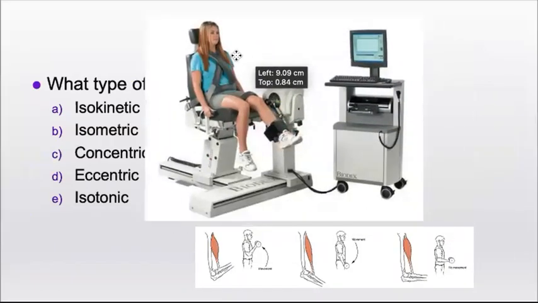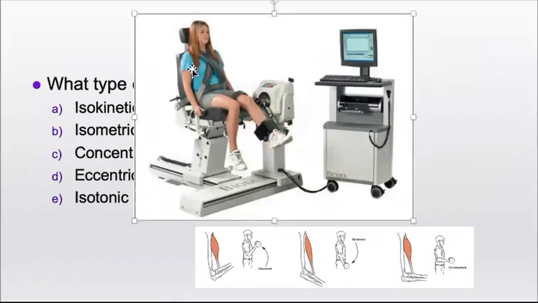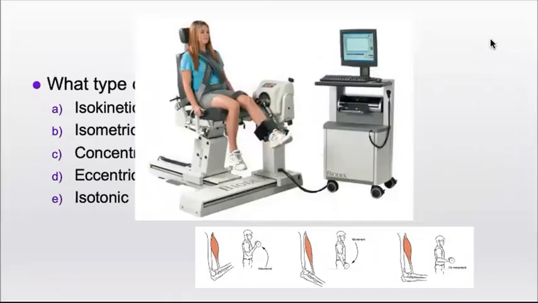This is an example of an isokinetic machine, and you can see the individual's leg is attached into this mechanical arm, and that mechanical arm senses the degree change as the person extends their knee. It will vary the amount of force that it applies back at the leg to maintain a consistent angle change.